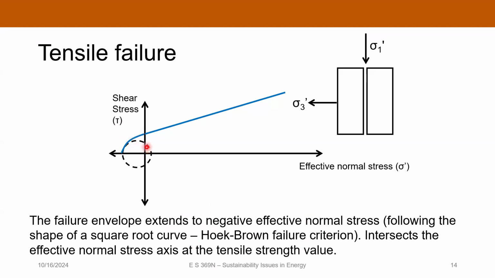If your Mohr circle gets over here and the left-hand side intersects the failure envelope at negative normal stresses, then you're going to create a tensile failure. This is what happens during hydraulic fracturing, for example.